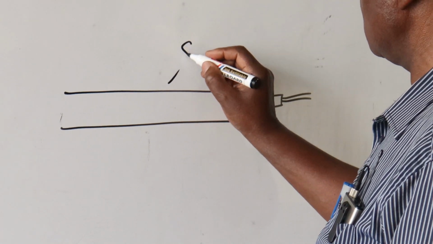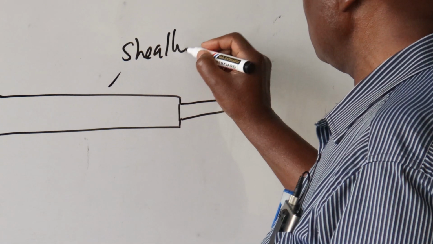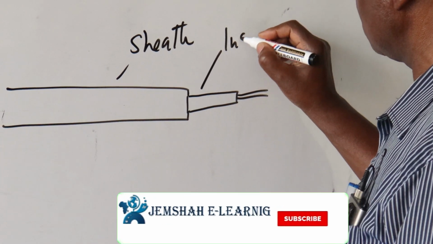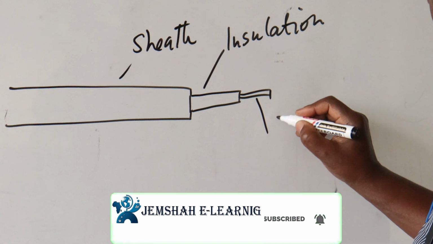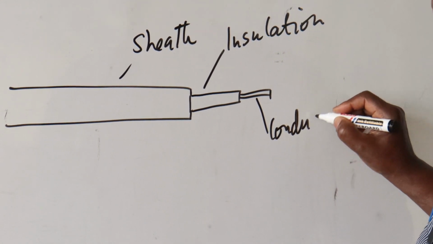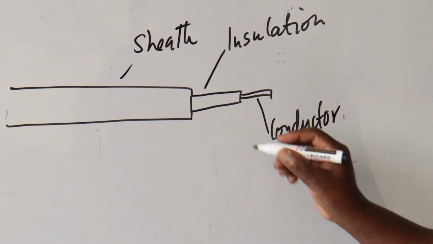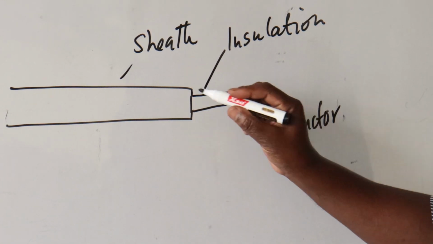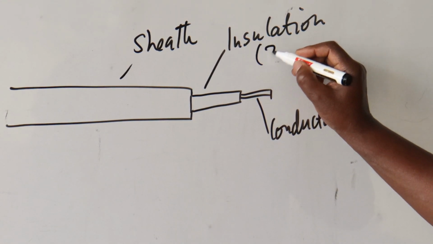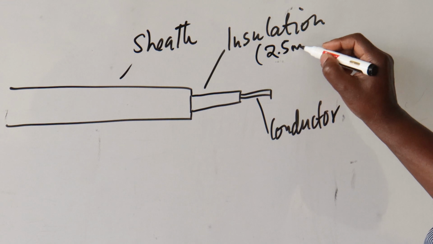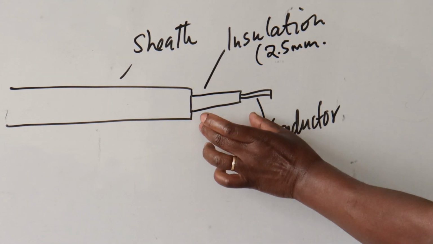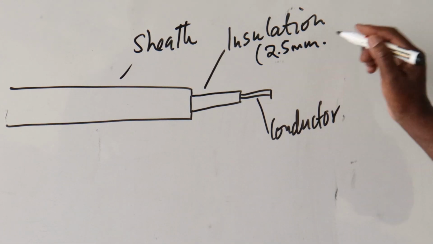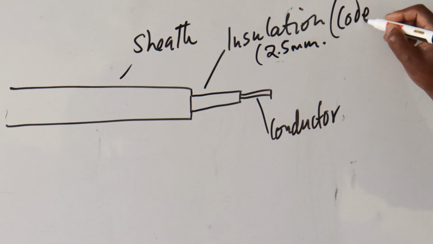So here, this one we have a sheath and the insulation, and here we have the conductor. This should be about 2.5 millimeters, an inch, about 2.5 mm. And this is where, in case it is red, usually the insulation is the one which is coded.